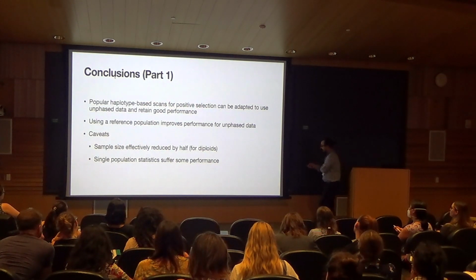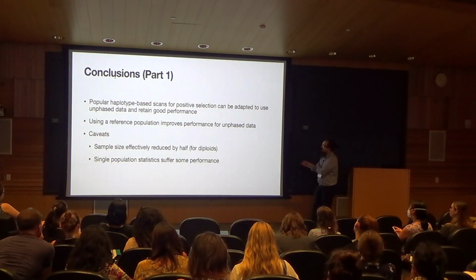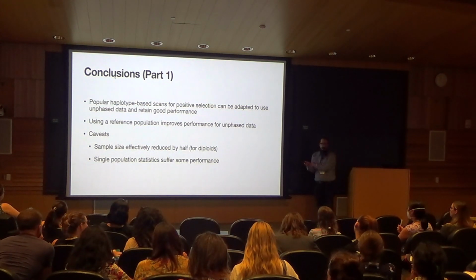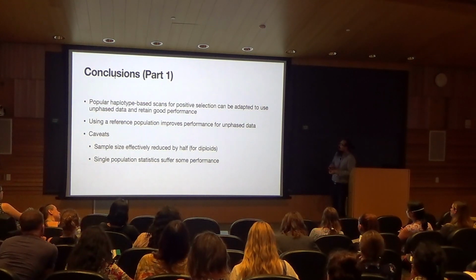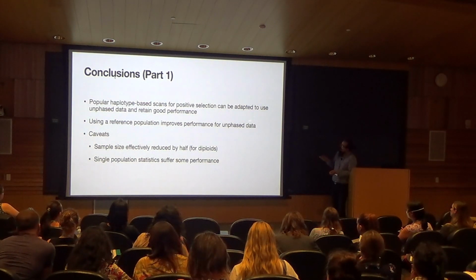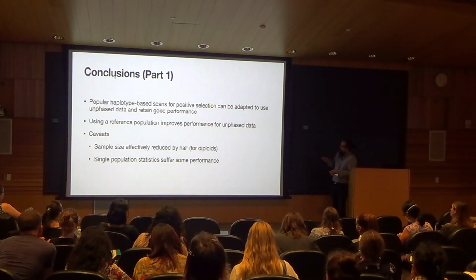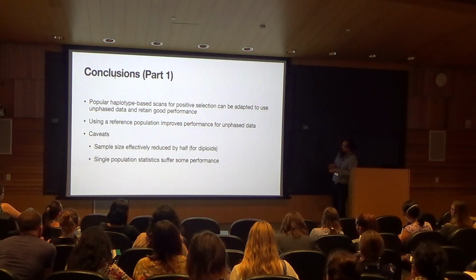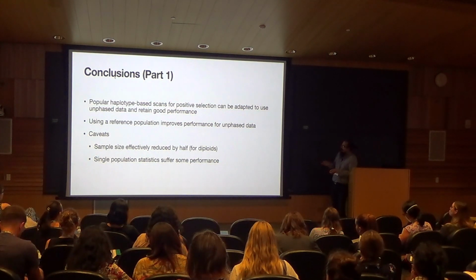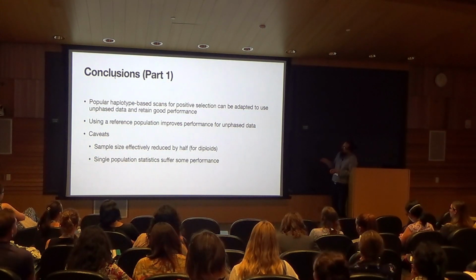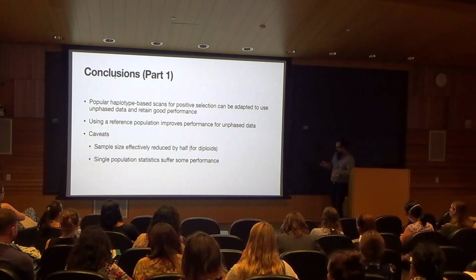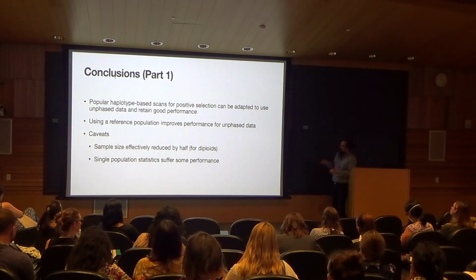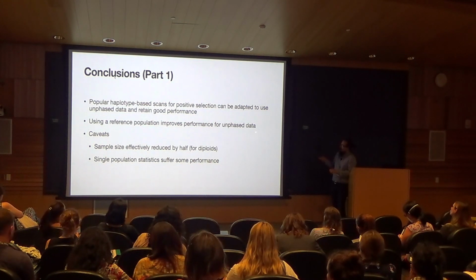So these are my conclusions for the first part of my talk. There are a lot of popular haplotype-based scans for selection out there, and these can be adapted relatively straightforwardly to use unphased data and still retain pretty good performance. I would strongly suggest, if you have a reference population that you can compare to, that this clearly allows us to perform quite well.